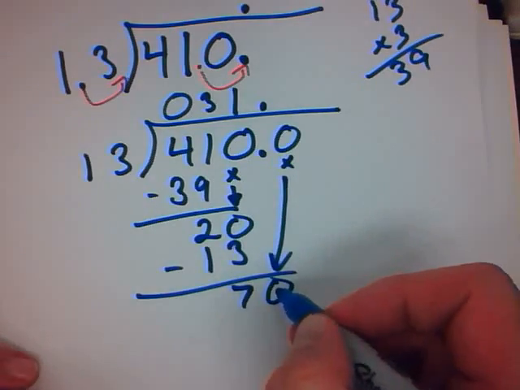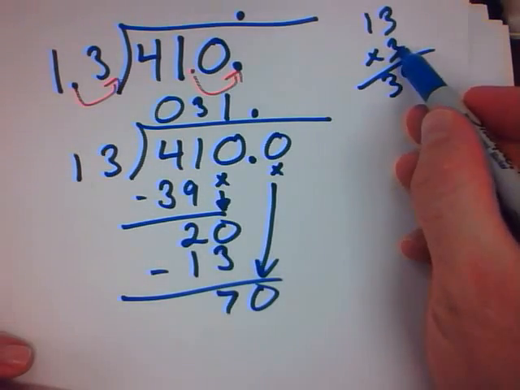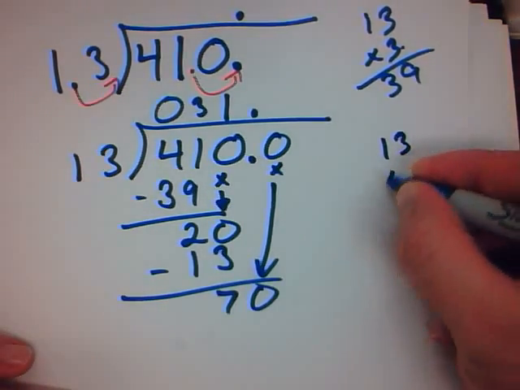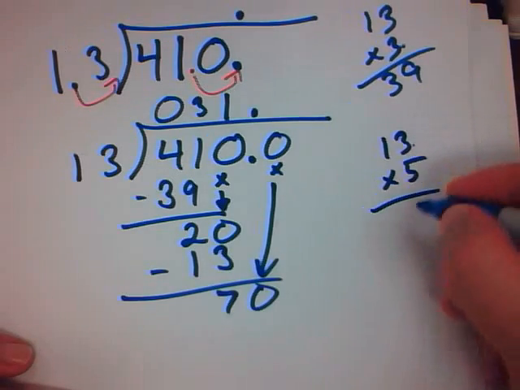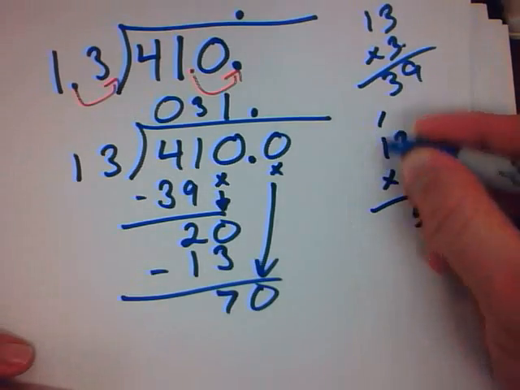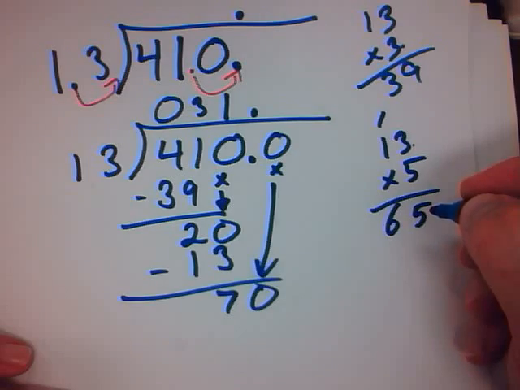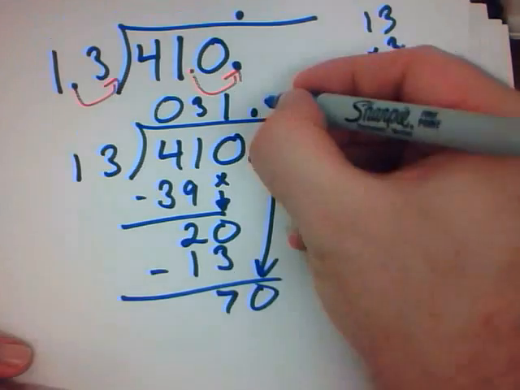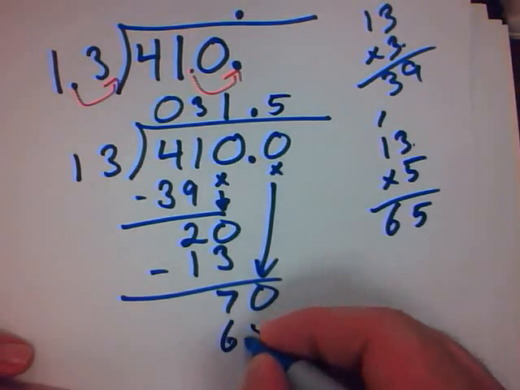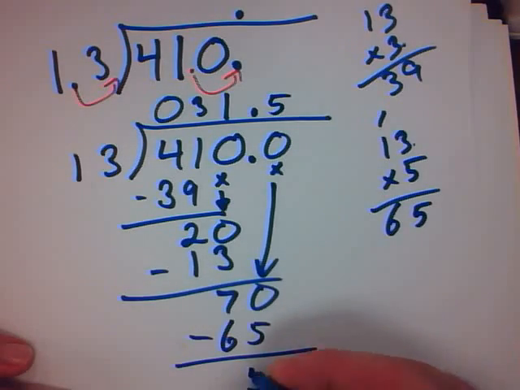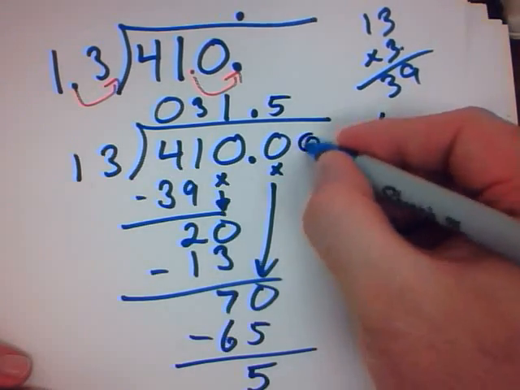Okay, how many times does 13 go into 70? Well, it's certainly more than 3. Let's try 5. 5 times 3 would be 15. Carry the 1. Hey, that was a good guess. So, 5, 65. Subtract. Leaves me with 5. Again, add another 0.